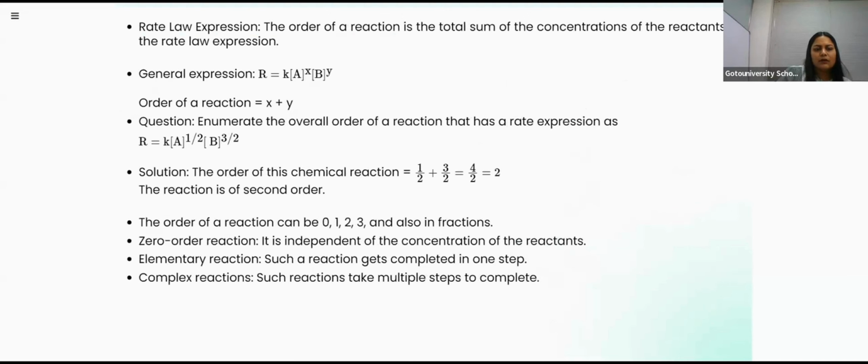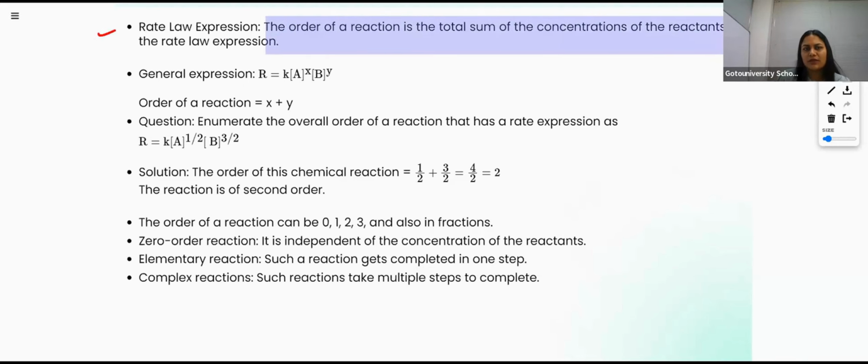Order of reaction. So many questions are asked in the exam regarding order of reaction, how we calculate order of reaction. Now, rate law, as you can read here, the order of a reaction is the sum of the concentration powers of reactants in the rate law expression.